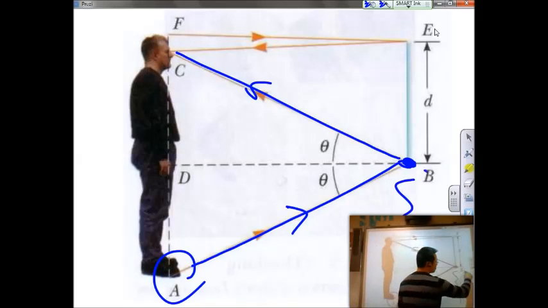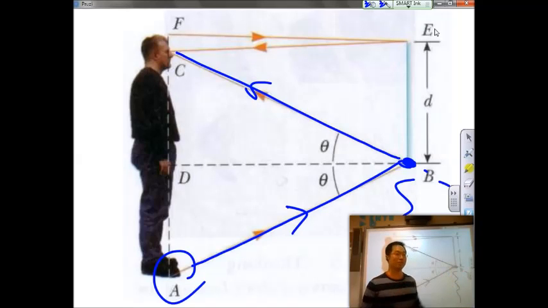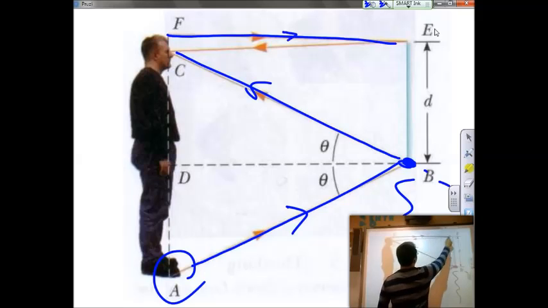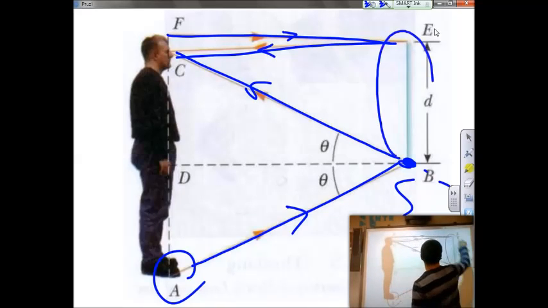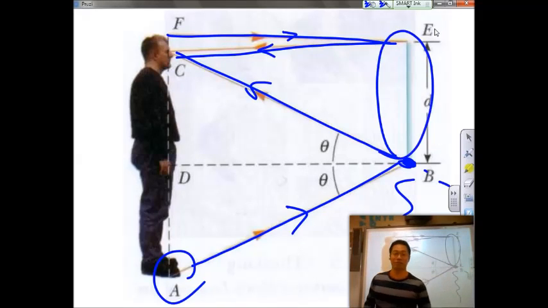We see the shoe behind the mirror, but in reality, we're not actually seeing anything being reflected from the bottom half of the mirror. It's just that we see the image inside the mirror. So if the person's at the top of his head, if that goes in and reflects, then that's going to reflect back into his eye as well. So in the end, we ultimately only use the top half of the mirror.